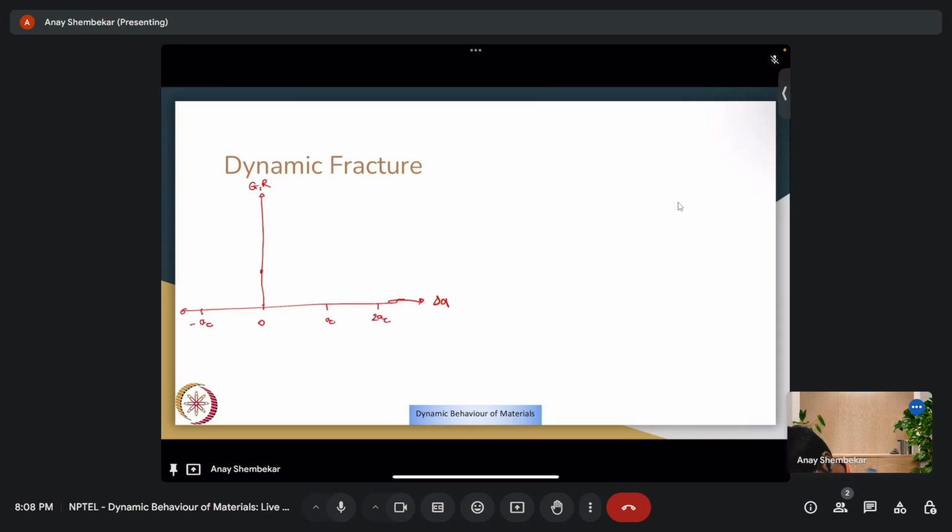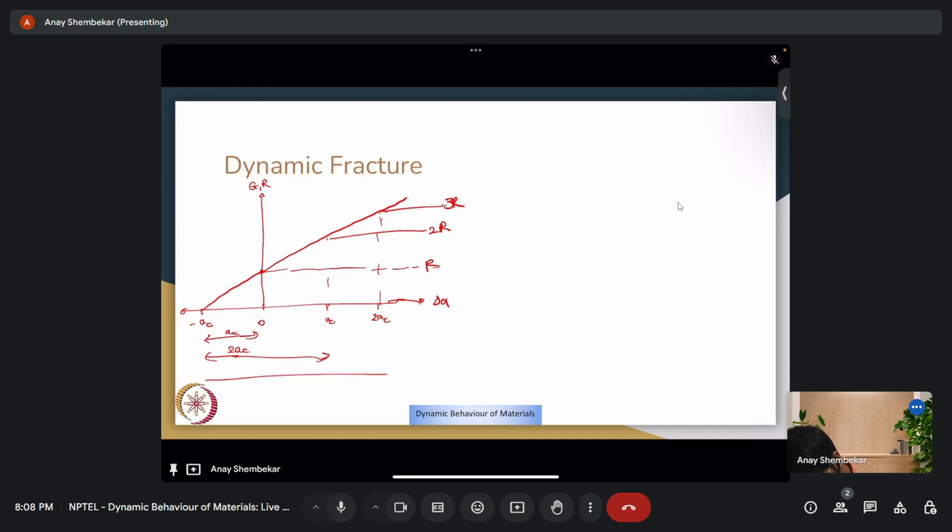Right, so at delta A equal to 0, I'll have some resistance value R. At this delta A, I'll have another resistance value 2R. When the crack becomes 3 times as long, I'll have resistance value as 3R. So here the crack length is AC, here it is 2AC, and here it is 3AC.